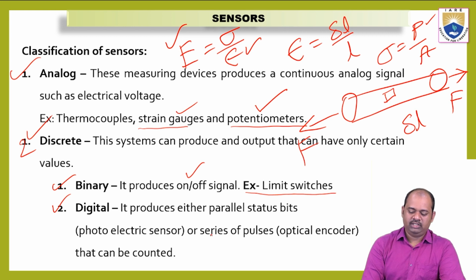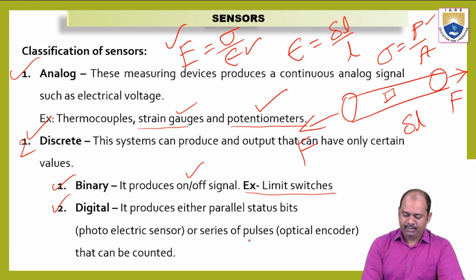So these signals can be directly given to the transducer, and this transducer will convert them into electrical voltage, and this electrical voltage is sent to the controller. And again at the controller, the electrical signal which has come from the sensor is decoded into binary or digital form, and it can be used in the controlling process.